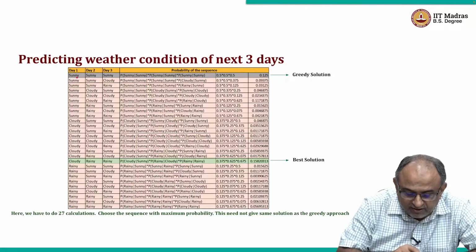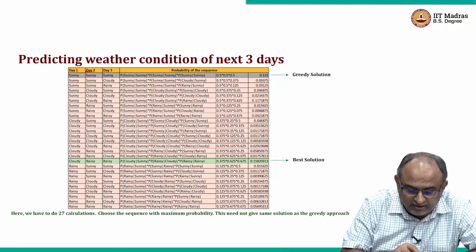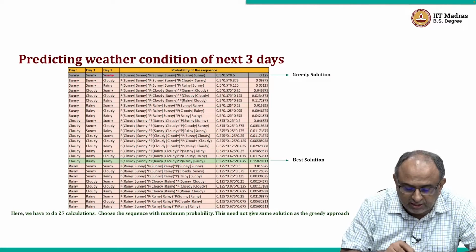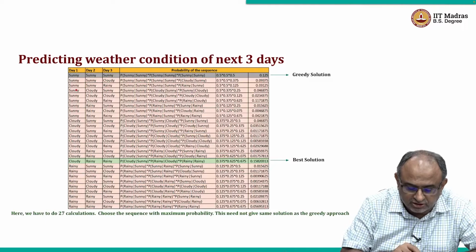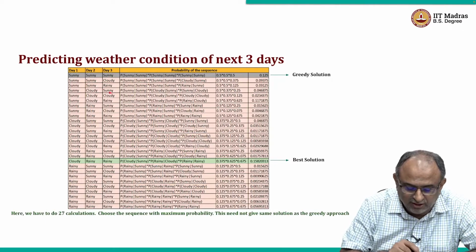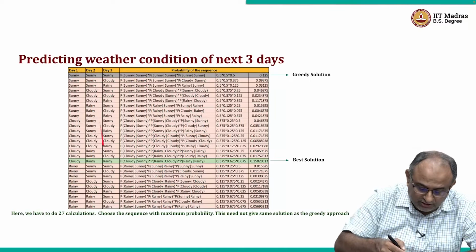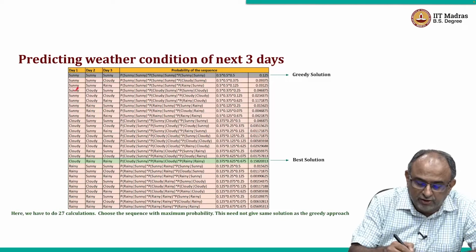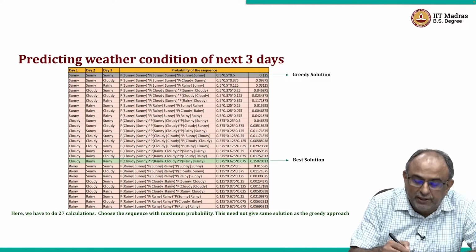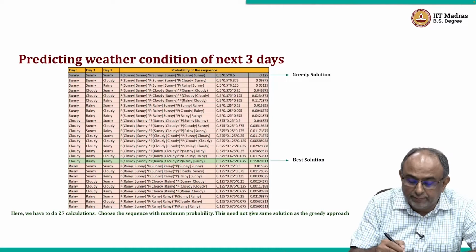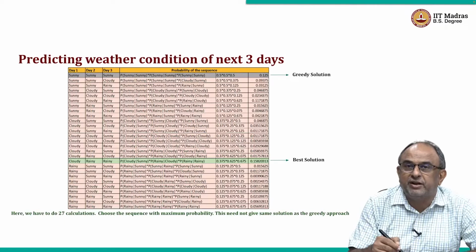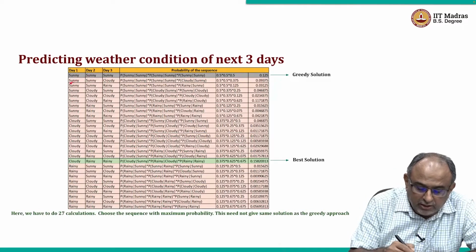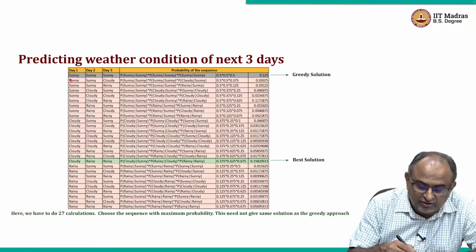Day 1, day 2, day 3 can be sunny, sunny, sunny, or sunny, sunny, cloudy, or sunny, sunny, rainy, or sunny, cloudy, sunny, sunny, cloudy, cloudy, sunny, cloudy, rainy. You can do all this, and if you count, there will be 27, because it is 3 on the first day, multiplied by 3 on the next day, multiplied by 3 on the third day, which is 27 different weather conditions. So if you count, there will be 27 such rows.